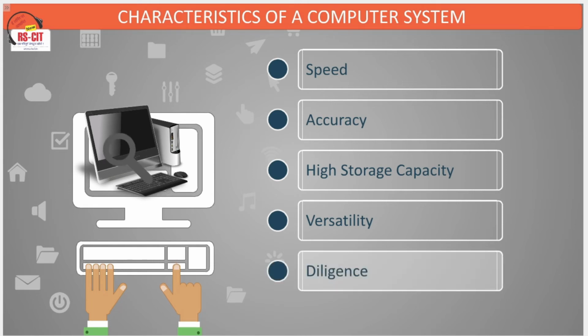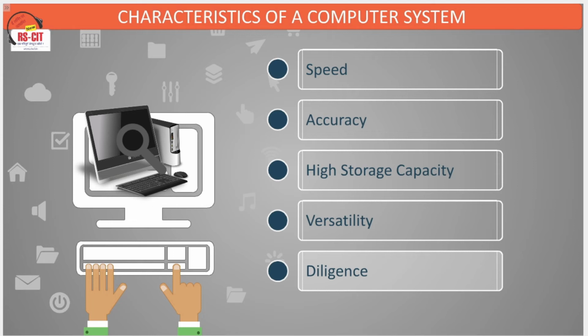Diligence. Being a machine, a computer is free from fatigue, lack of concentration, and boredom. A computer will perform the last instruction at the same speed at which the first instruction was processed. But a computer system has a limitation that it works in accordance with a predetermined but variable set of procedural instructions, that is a program, to produce a result in the form of information or signals.